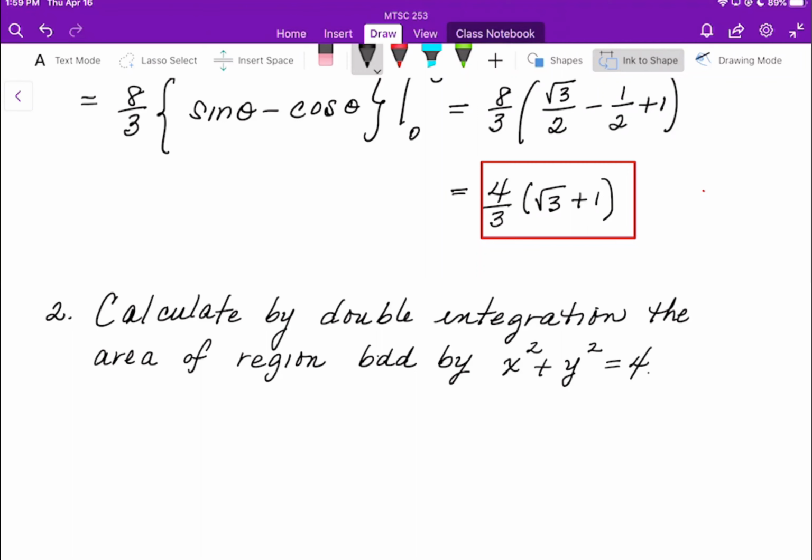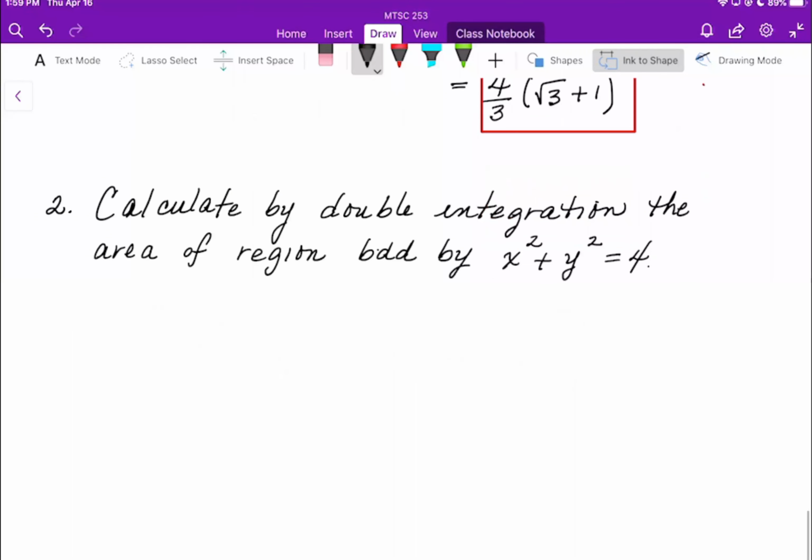Now this is an easy problem, okay? Because the region x squared plus y squared is 4, that's just a circle.